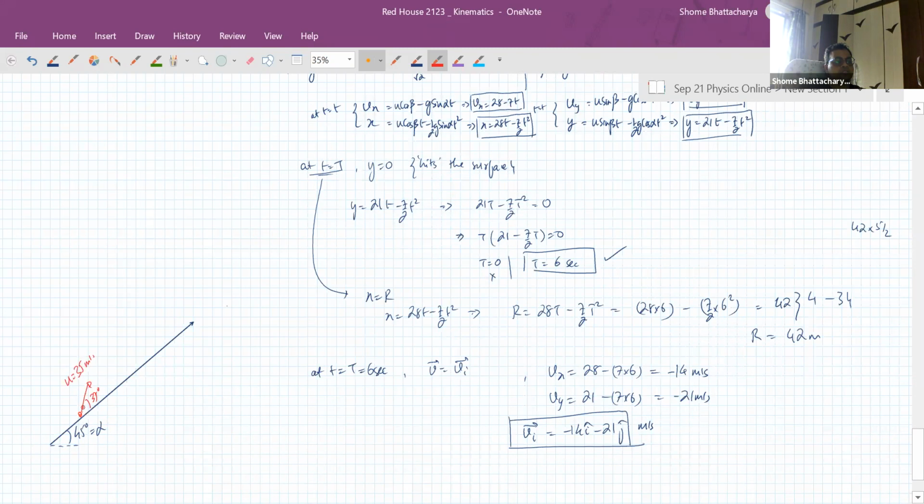So what it's doing is going up like this. And on its way down, when it is impacting, see the impact point, the velocity seems to be something like this. Now you can easily see that it's making an obtuse angle here. This angle is obtuse. That is why I'm getting a negative X component, because this is my X axis and this is my Y axis at this point.